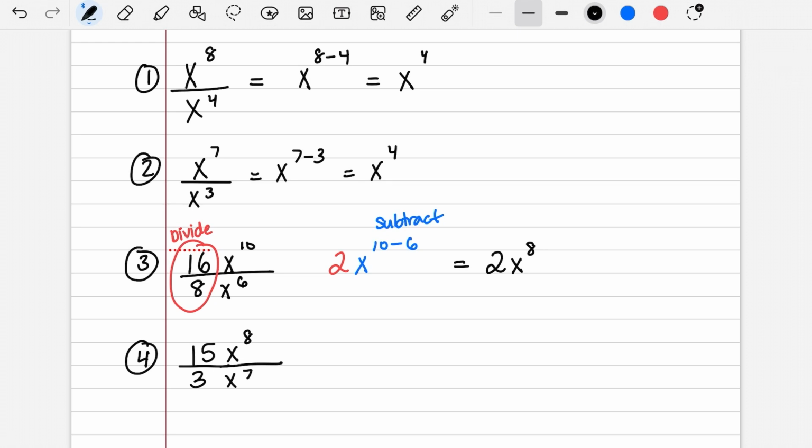Pause and try this one. Same thing we did before. 15 divided by 3, we get 5. And then x^8 minus 7 gives us x to the power of 1. But we need to include our 5 too. So 5x^1, just like that.